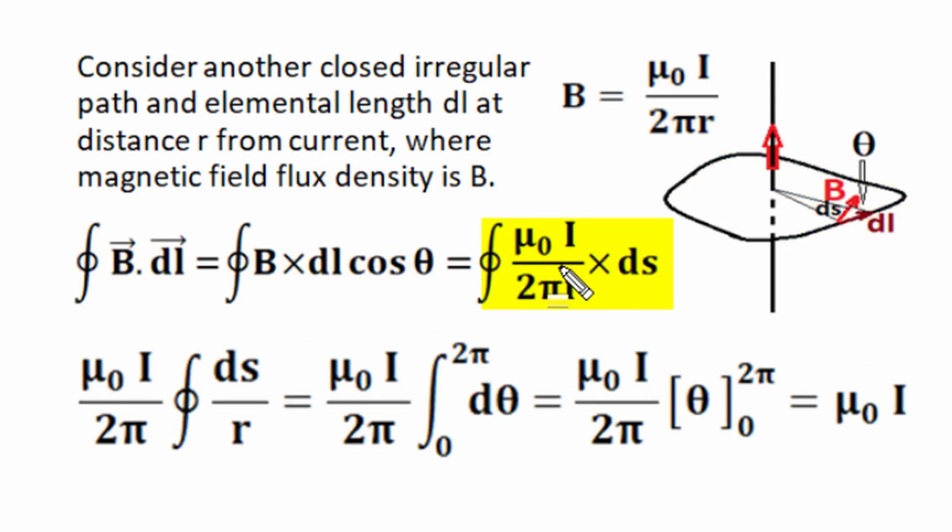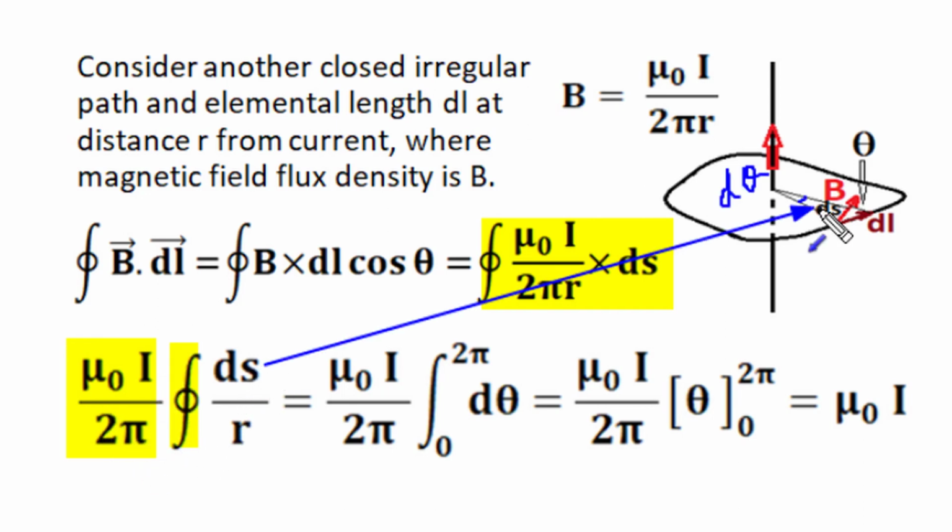In this integration, mu 0 I divided by 2 pi is a constant which can be brought out of the integration, and this becomes the closed integration of the ratio of arc length ds and radius of observation position from current source r, and this arc by radius is the small angle subtended by this arc length at the source current position. Let this angle be d theta.